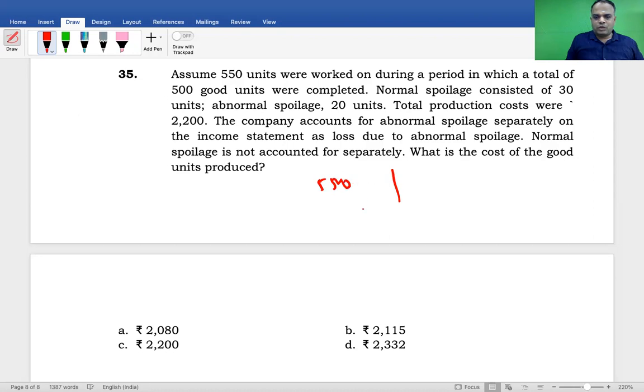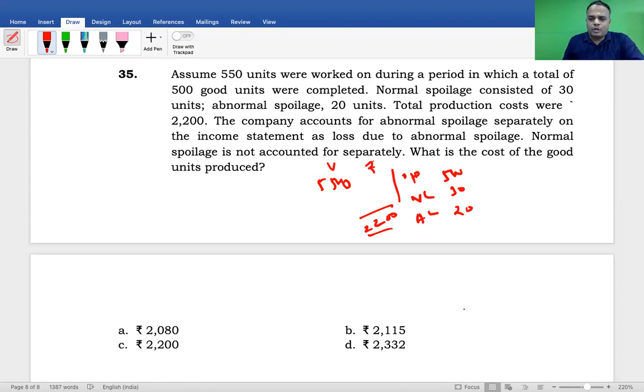Then output transferred comes to 500. Normal loss 30 units, abnormal loss 20. That's all. We have to identify the cost value of the product.